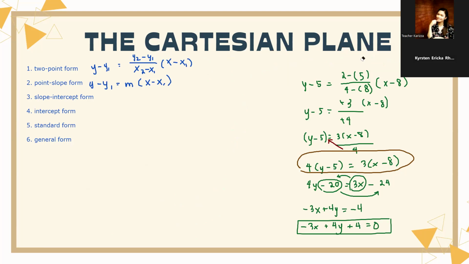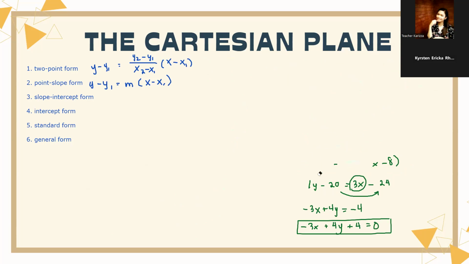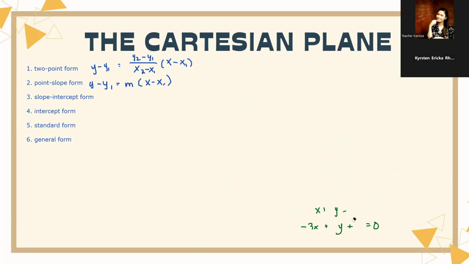So let's continue going to the next form. Kuha naman no, how to use the forms. Opo. Let's go to the next one. We have the slope-intercept form, which is y is equal to mx plus b. Ito yung sinasabi ko kanina na if you isolate m. And then for intercept form, this is x over a plus y over b is equal to 1.